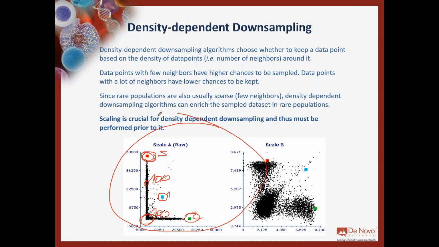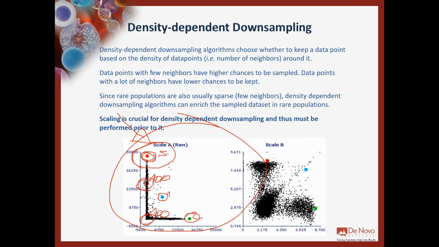So now you can see what the density-dependent downsampling does. For each data point of the data set, it decides whether or not to keep it. If the density is low, like the red, the blue, and the green, the algorithm will decide to keep it. If the data point has a lot of neighbors around it, the algorithm will likely decide not to keep it.